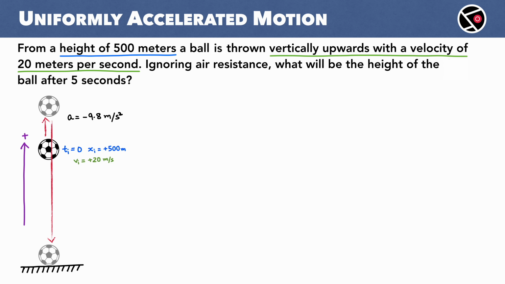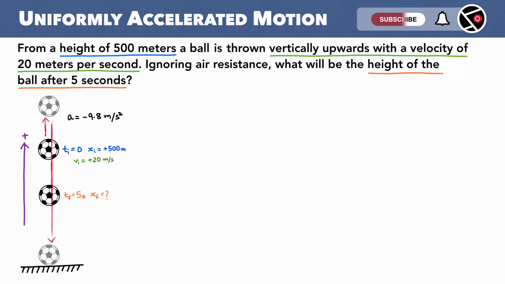We need to find the height of the ball after 5 seconds. tf is 5 seconds. xf is unknown. Let's figure it out. We know the initial velocity Vi, initial time ti, and final time tf. The final position xf is unknown. The acceleration is constant at minus 9.8 meters per second square.